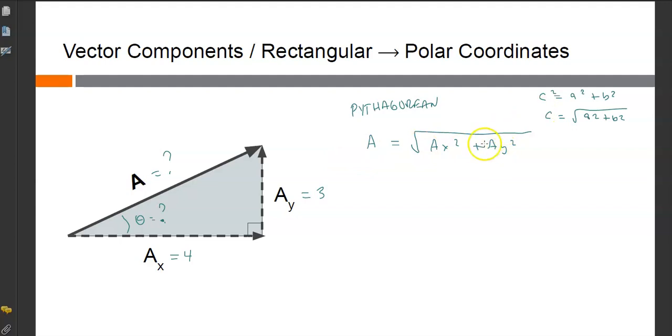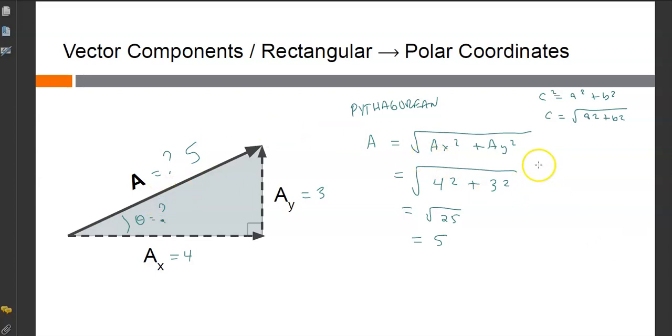All right, but this is easy because all I got to do is put in the numbers here. A sub x is 4, A sub y is 3. I come down here. This would be 16 plus 9 is 25. Square root of 25 is 5. All right, so that's my magnitude. That would be the length of that thing.